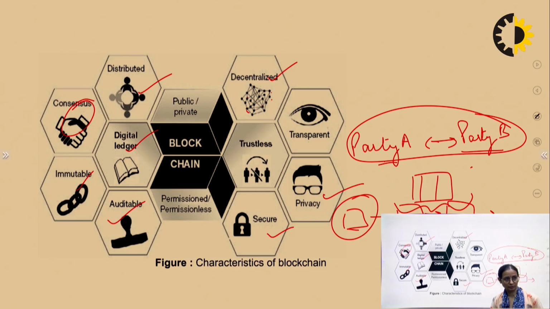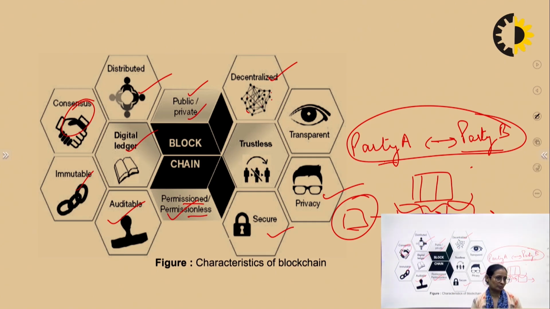Blockchain is basically of two types, where we can categorize it as public or private blockchain. Sometimes another model, the consortium blockchain, also exists. Another category is permissioned or permissionless blockchain. What is that?